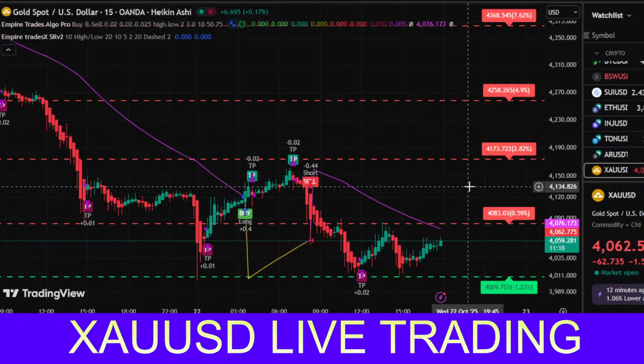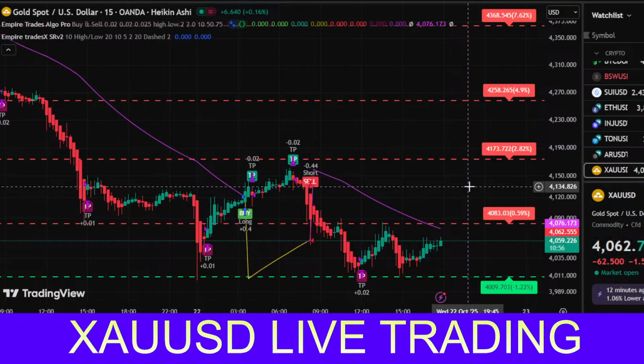Weekend gap trading is a strategy employed by traders to capitalize on price gaps that occur between the closing price on Friday and the opening price on Sunday or Monday in financial markets.